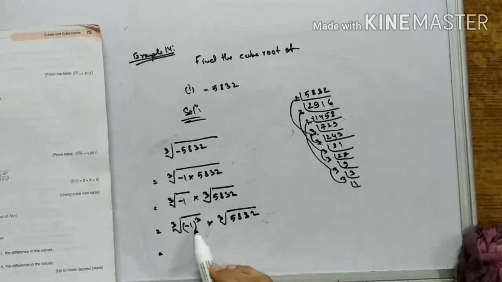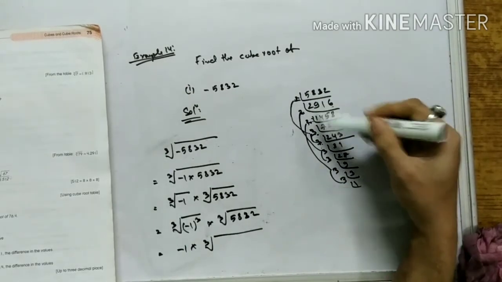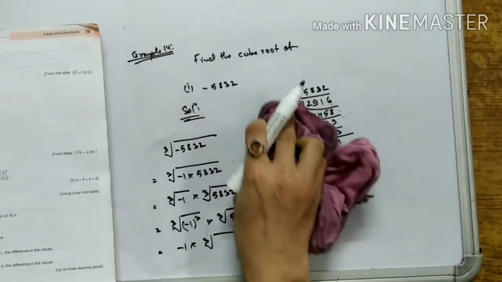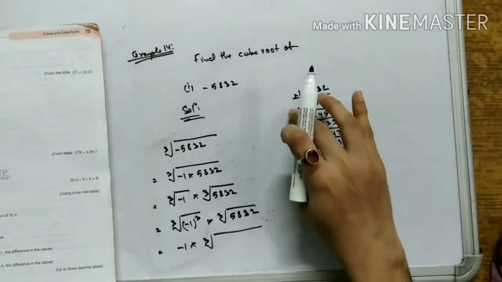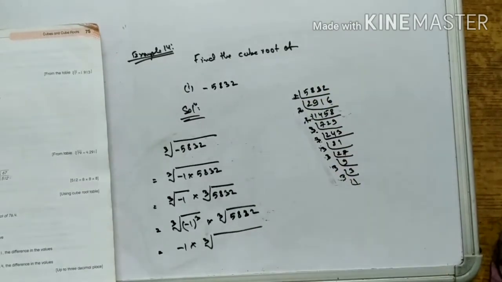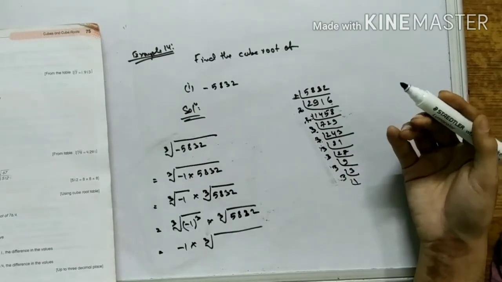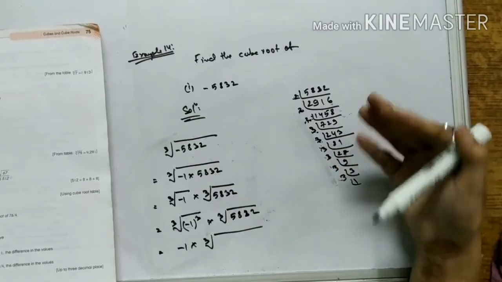Here the cube and cube root cancel, and I will get minus 1 into cube root of 5832. I have already taken out the prime factorization. So now, instead of doing the multiplication in this way, I can make them into triplets, into groups where there will be three same factors.